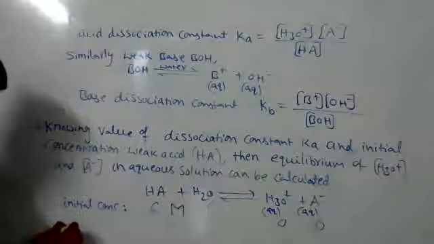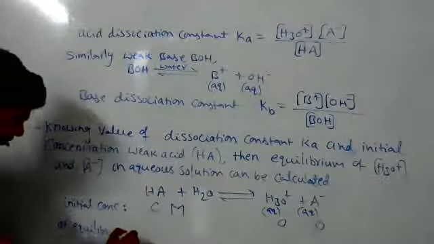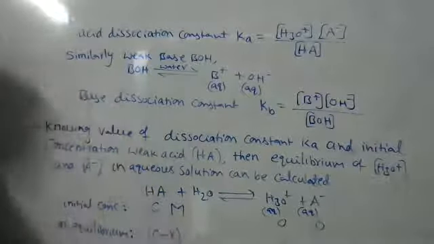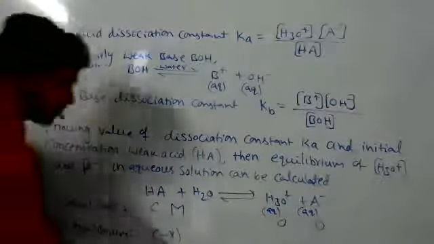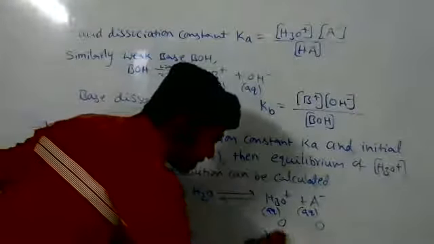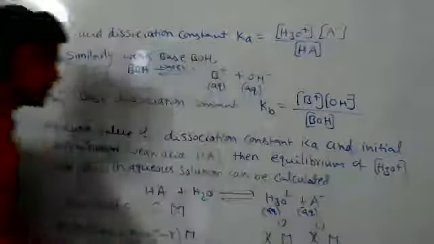At equilibrium, this is C minus X, as X amount of HA is undergoing dissociation. So here X moles of H3O plus, and here also X moles of A minus concentration are obtained.